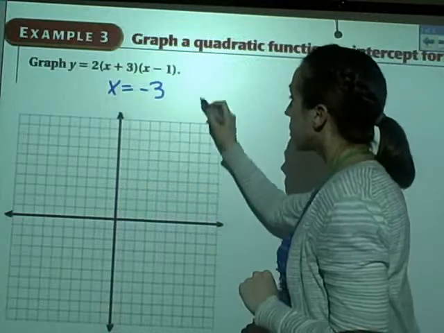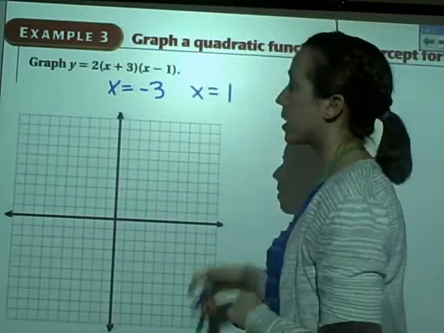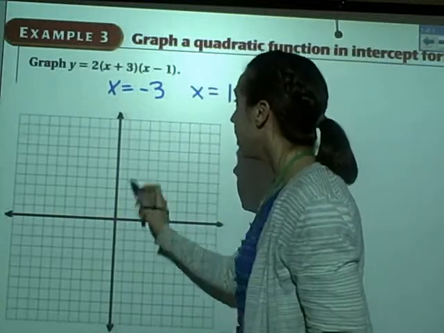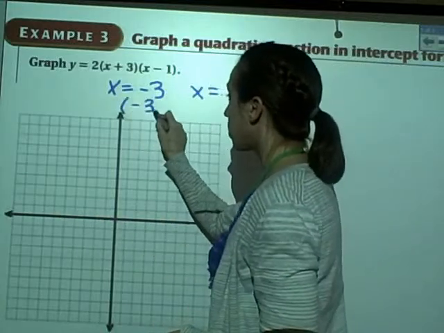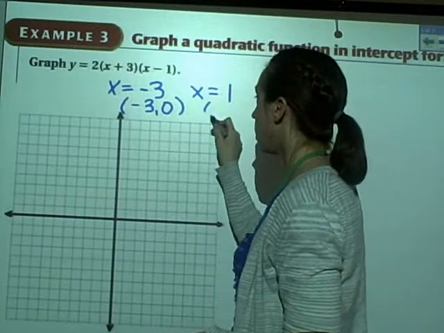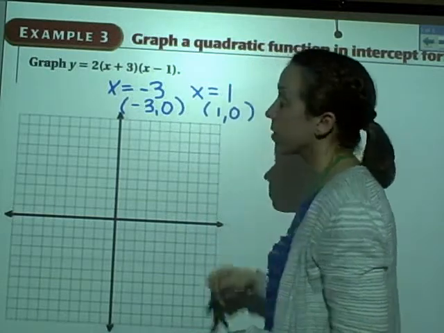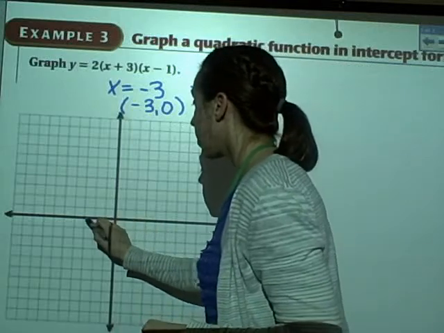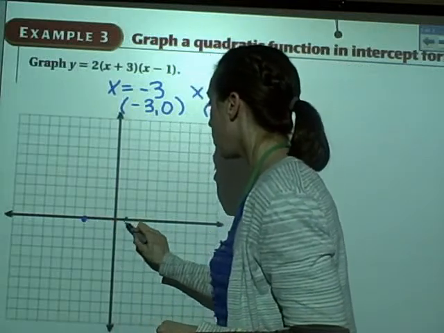Here, our second intercept is positive 1. So I'm going to go on the x-axis and plot the points (negative 3, 0) and (1, 0). Whenever you have an x-intercept, y is 0. So (negative 3, 0), (1, 0).